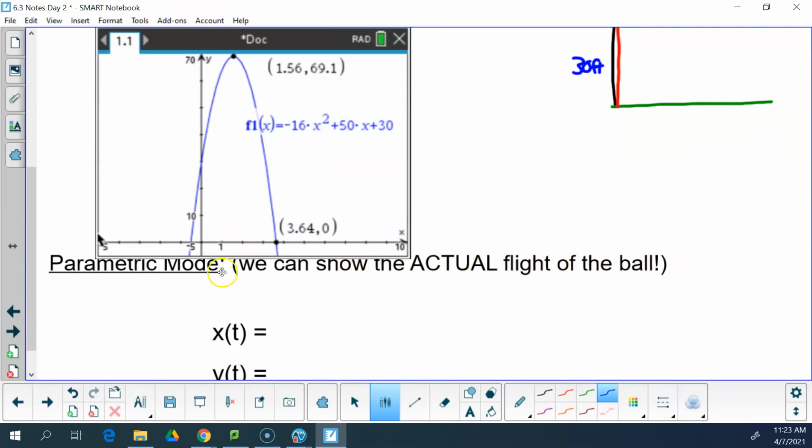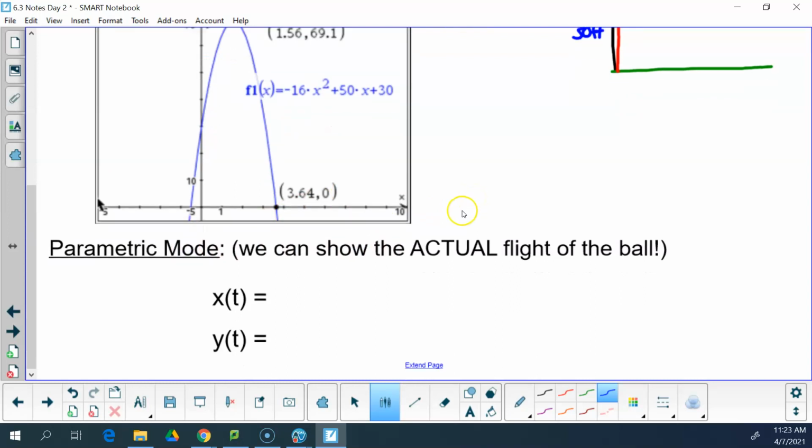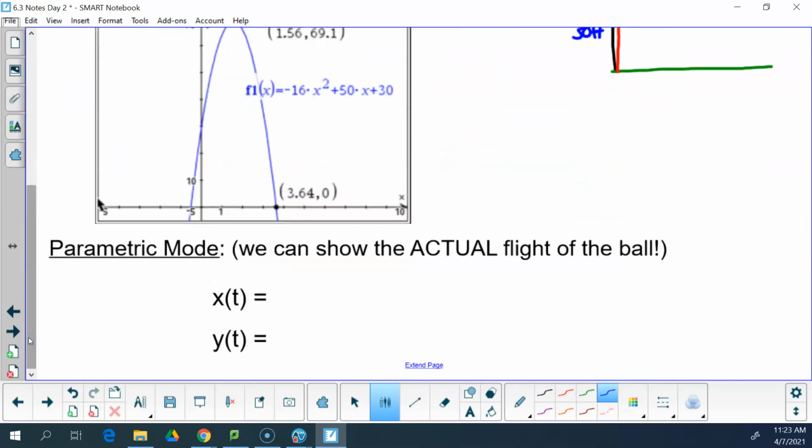Now, if we switch over to parametric mode, we can actually show the picture of what we drew to represent the situation. Here's how we do that. Horizontally, this ball is not traveling anywhere.